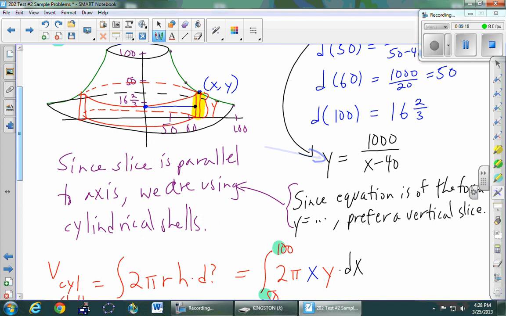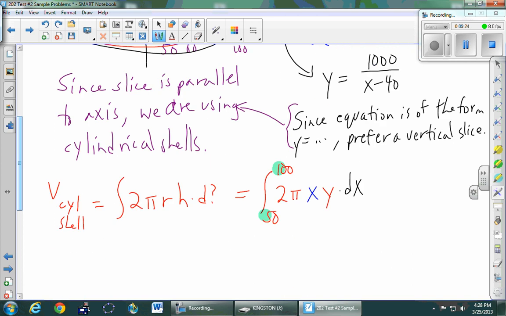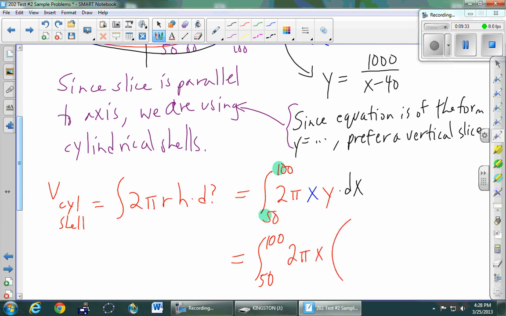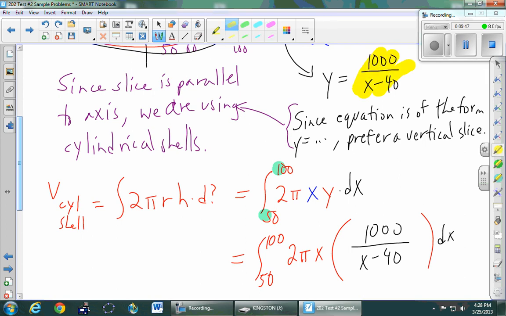So instead of y, we're just putting this guy right here, 1,000 over x minus 40. We'll highlight this formula, which ends up coming right down here because it replaces the y.